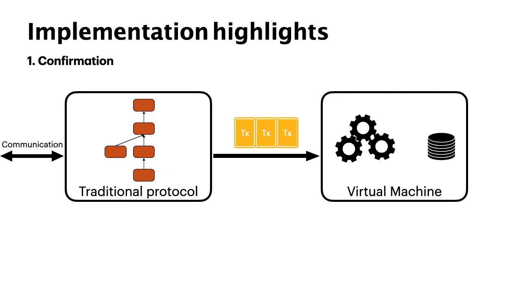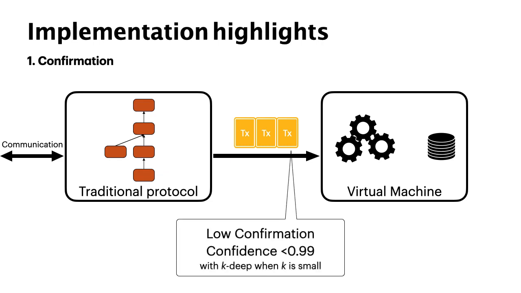Let's first look at traditional consensus protocols, such as the longest chain. In the longest chain, we have to wait for one block to be several blocks deep in the longest chain, for example, 6 blocks deep. But these depths can only achieve a very low confirmation confidence. For example, if we wait for a block to be 6 deep, then the confirmation confidence is less than 0.99. A very easy way to increase this confidence is just to wait for more depth.